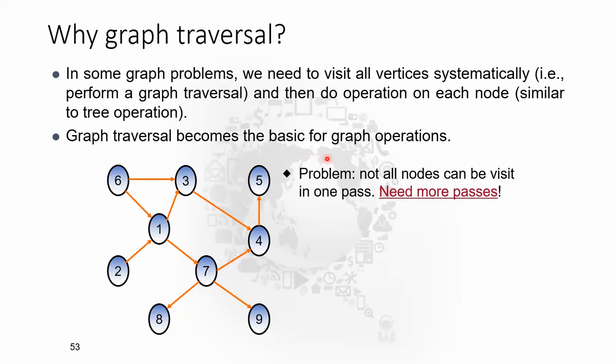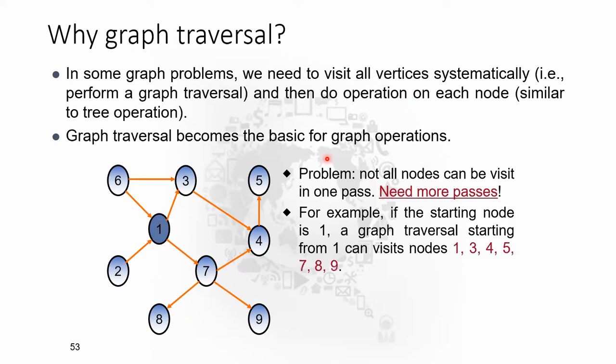But sometimes not all nodes can be visited in one pass. It needs more passes. For example, starting from node 1, you can visit 3, you can visit 7, and you can visit 4, 5, 8, and 9. Why?